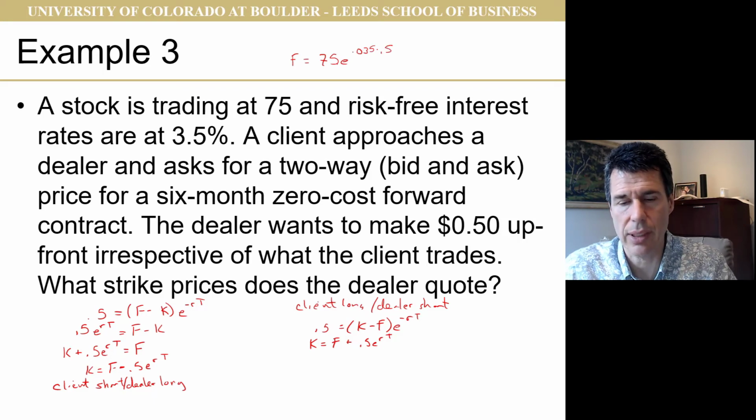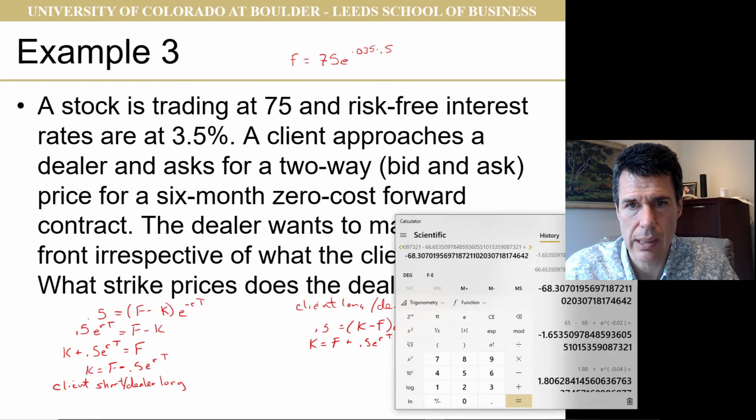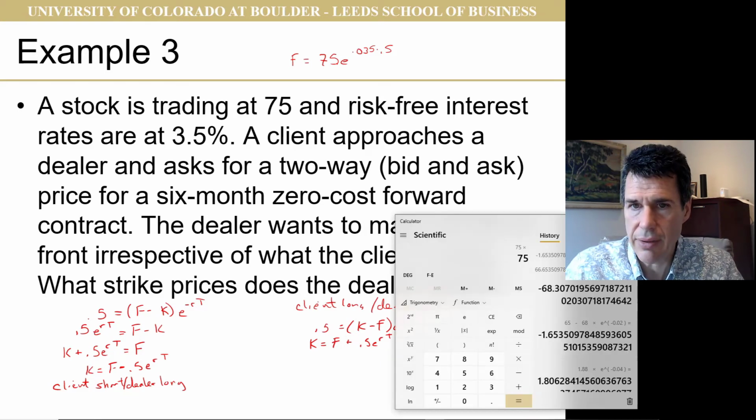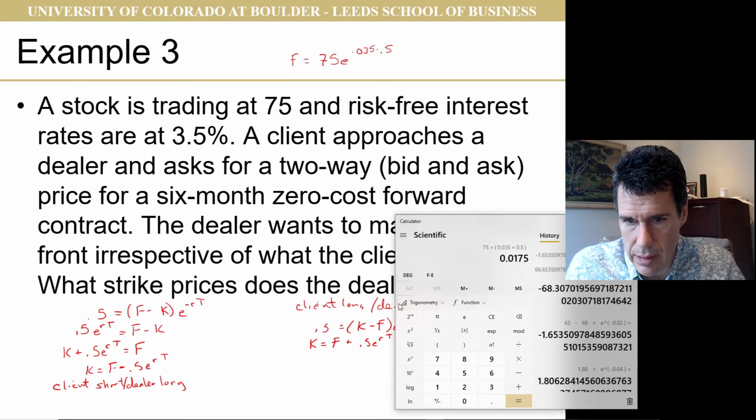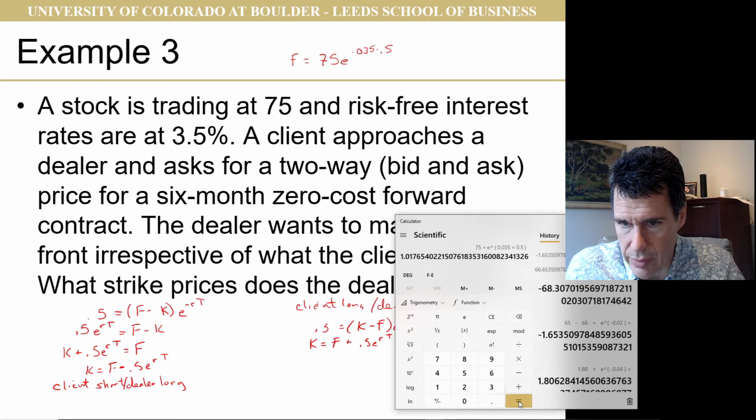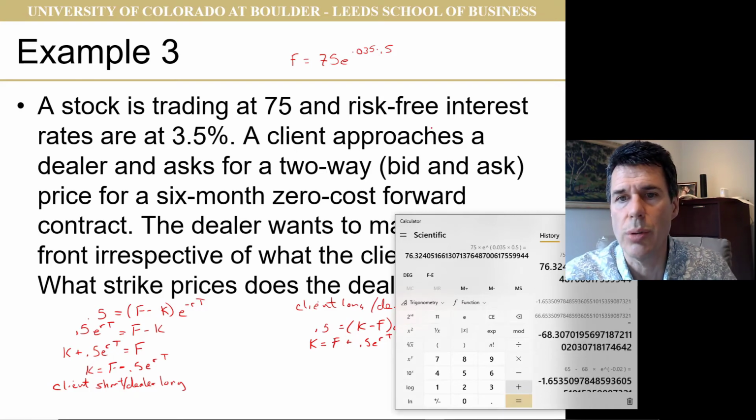So let's do that with our calculator. 75 times 0.035 times 0.5, e to the x, 76.32 is the forward price.